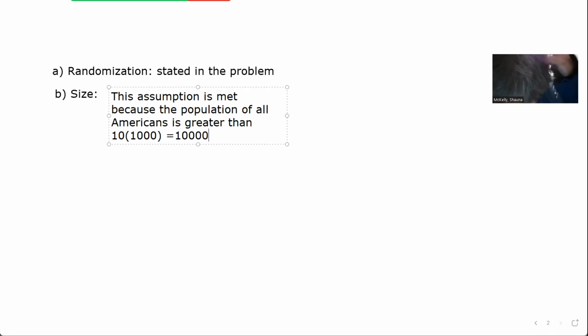So I'm taking my sample size, which is 1,000, multiplying it by 10, is greater than 10,000. So that size is met.